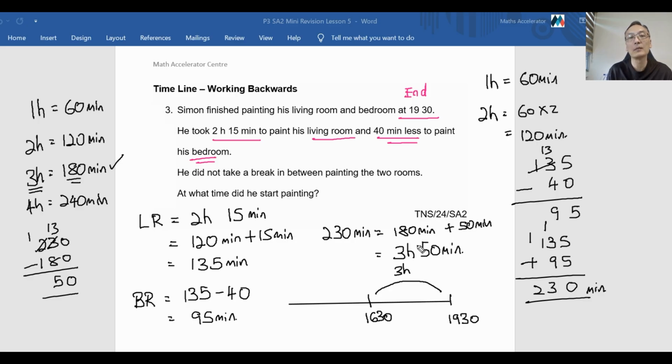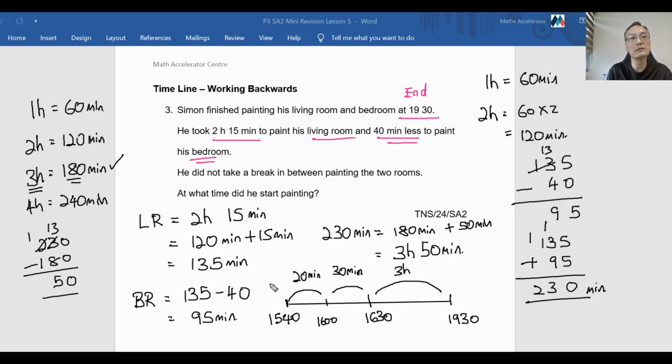So next, for the 50 minutes, we look for the nearest hour mark, which is 1600. Between 1600 and 1630 is 30 minutes. 50 minutes minus 30 is 20, so here will be 20 minutes. 20 minutes before 1600 will be 15:40.